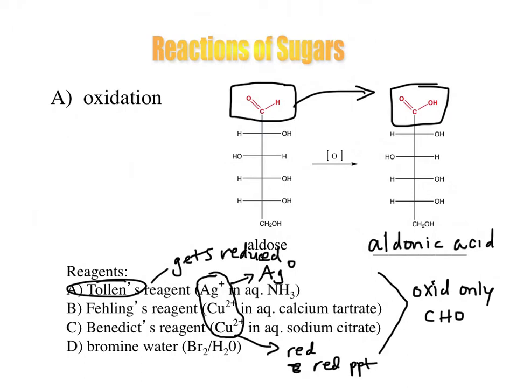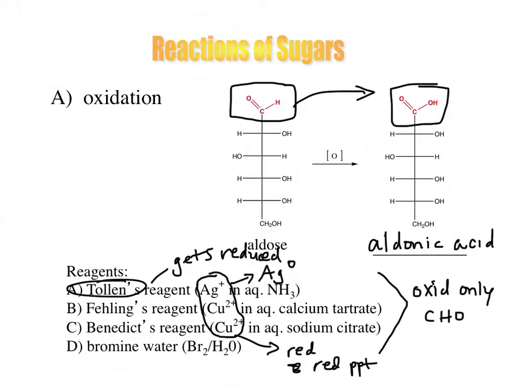There you go. Okay? So in order for this to happen, you have to have that aldehyde present. If it is a ketose, and there's a ketone, this won't work. Okay? There is one more thing, though, that could mess this up.